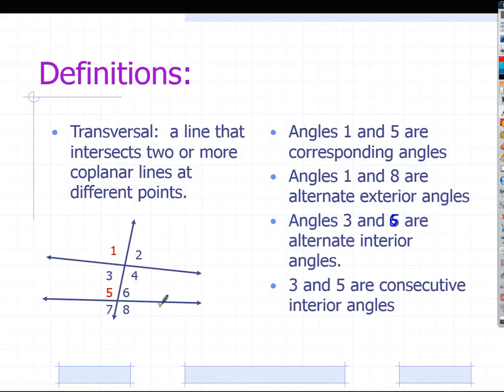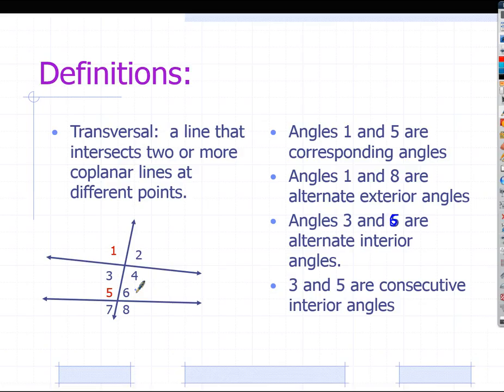So therefore, if I wanted to describe 2 and 8, for example, how could I describe 2 and 8? Okay, consecutive exterior. So what does the consecutive mean then, as opposed to alternate? Same side of the transversal. Okay, so consecutive versus alternate. And then exterior or outside, 4 and 6 I would describe as what then?